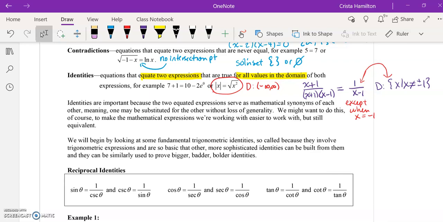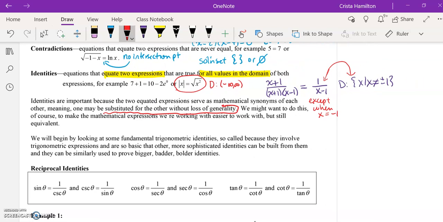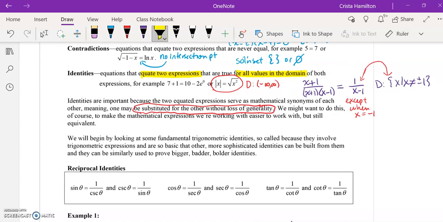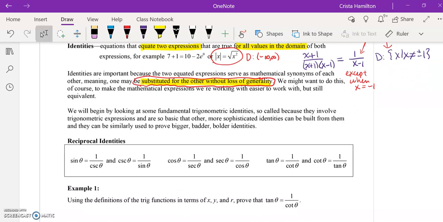And so what that means, and the big idea here, is they can be substituted without loss of generality. The whole point of having identities is that we can use them as substitutions to help us simplify or transform equations into things that are easier for us to work with. Now, we've had several of them in Algebra 2, things that had to do with factoring.